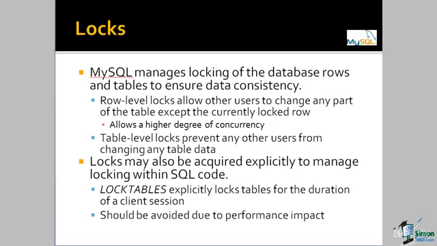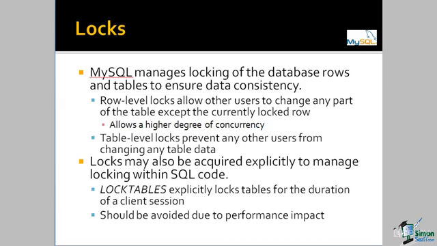Recall also that a database is made up of tables. The tables are made up of rows. The rows are made up of columns. The columns contain the data. So when we talk about row-level versus table-level locks, we can support a higher level of concurrency, that is, multiple transactions accessing the same table at the same time, when we use row-level locks rather than table-level locks.